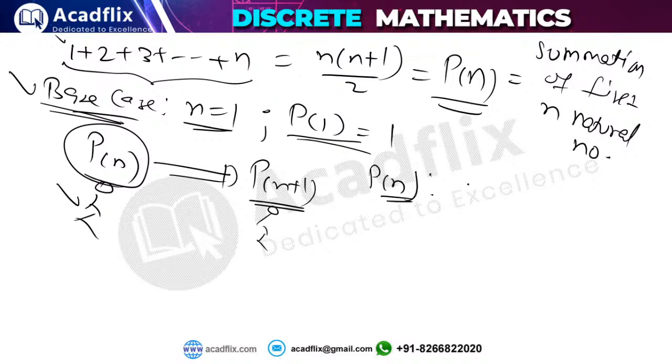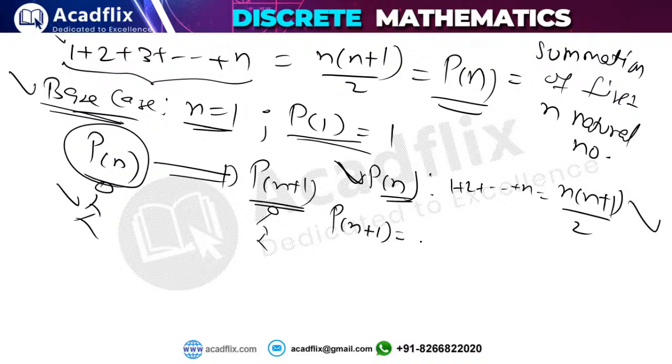Pn means 1 plus 2 and so on plus n, and this is true. Basically you have done Pn. We have taken this to be true. Let's prove that now you can do Pn plus 1 also.